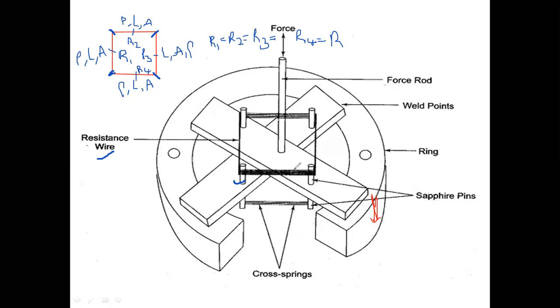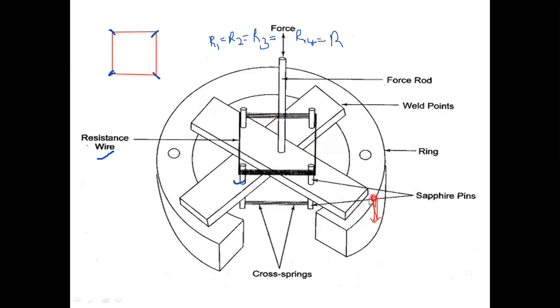Now I am applying some force here. So what will happen? If this mounting sapphire bar tilts downwards, these two wires will get compressed, and these two wires will get elongated.